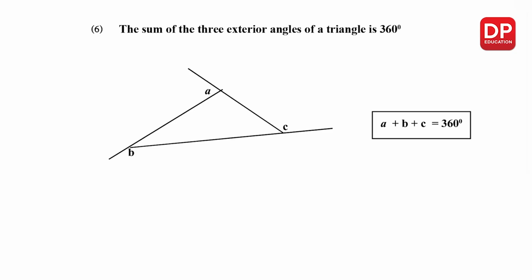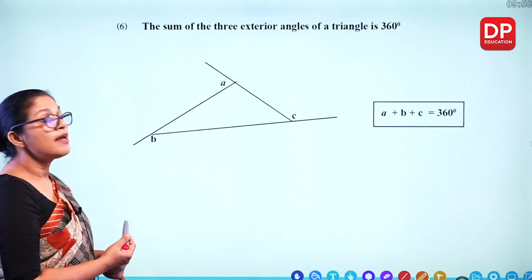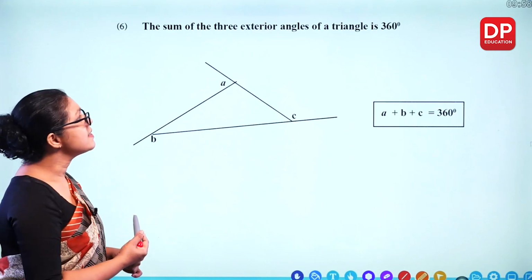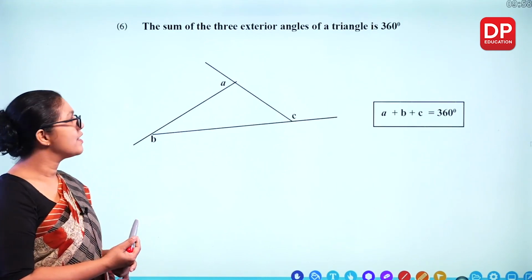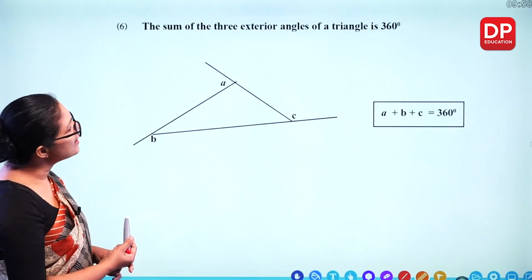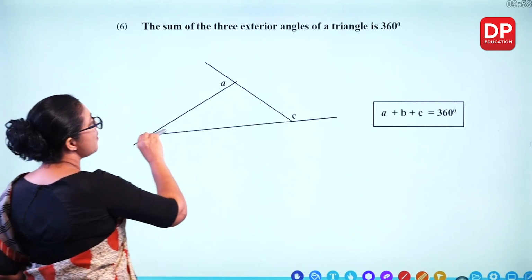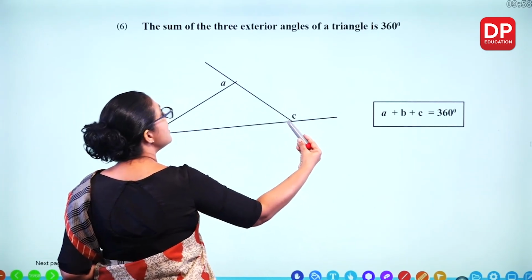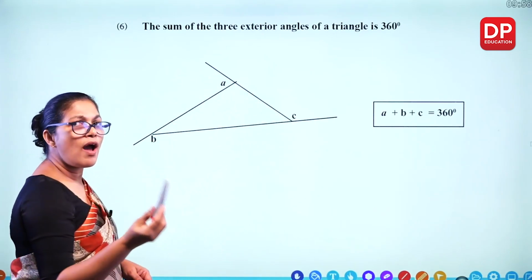The sum of the three exterior angles of a triangle is 360. Not only for a triangle, for any polygon, the sum of exterior angles add up to 360. So how do you get exterior angles? You need to extend the sides, either clockwise or anti-clockwise.